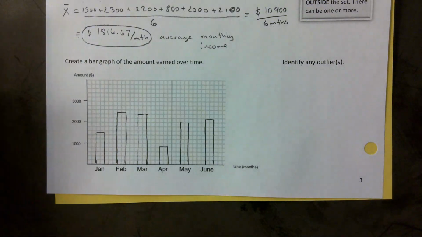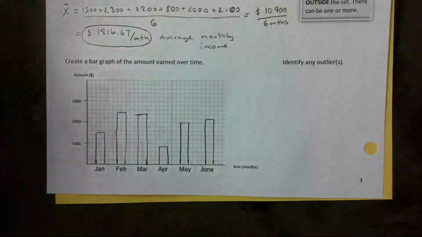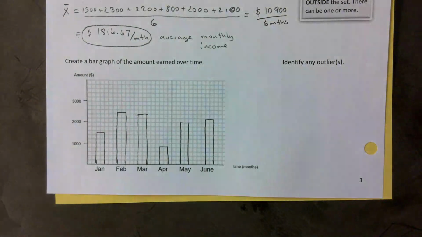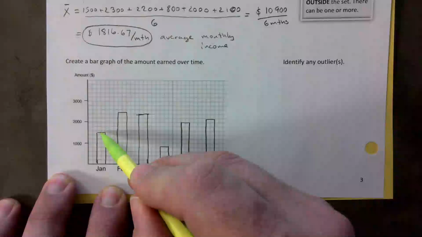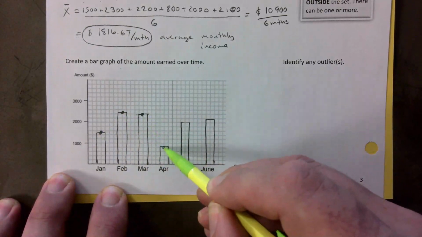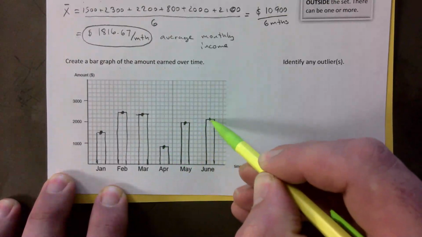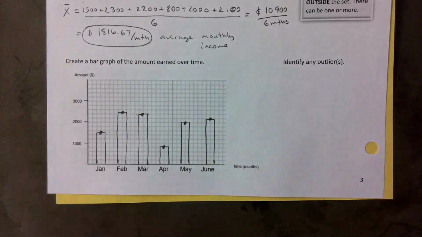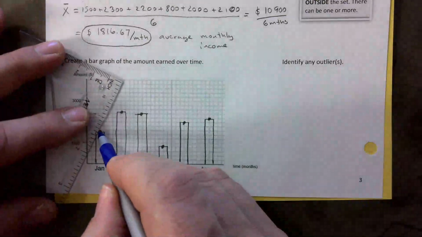There you have your averages. Another nice thing, if you ever do a bar graph, we tend to connect the tops with a line and we can see the trends. I'm going to use a blue pen for that. You do whatever works for you.